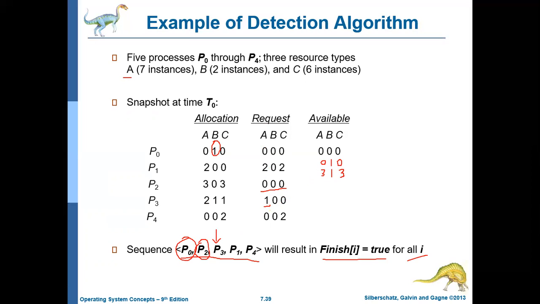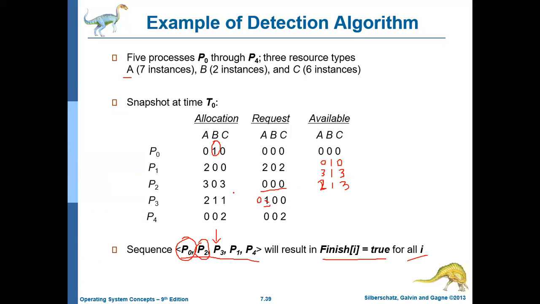So if one instance is given, the available will become 213, and this will become 0, because P3 no longer needs any resource.